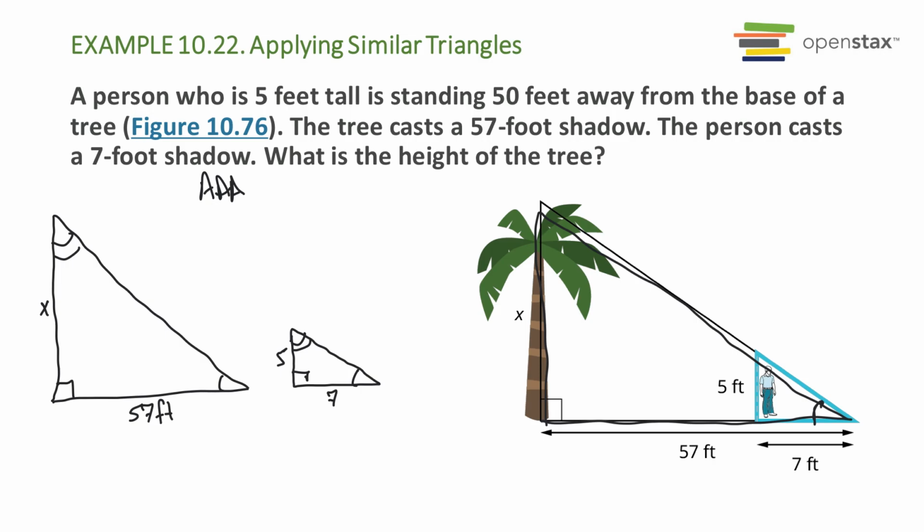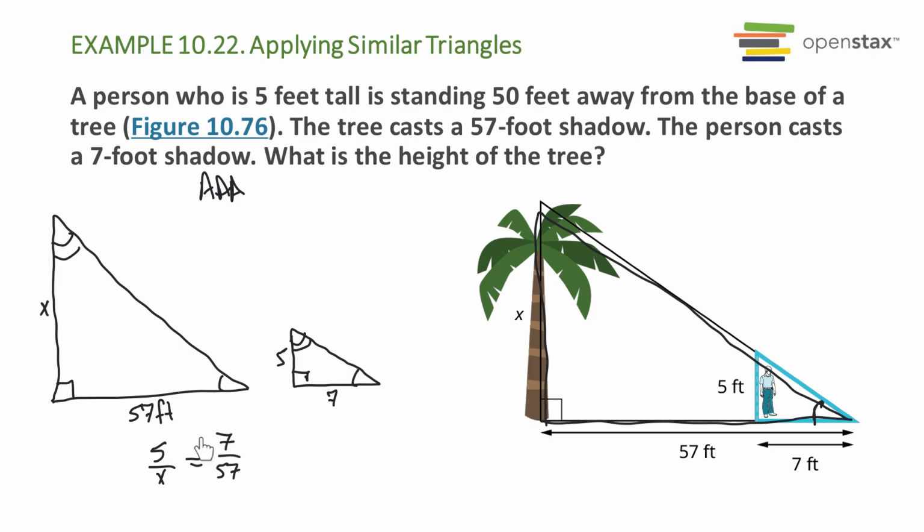So I can do that ratio setup again. Let's start with the little one, 5, and divide it by x, because this side is proportional to this side, across from the same angle, and that's equal to 7 divided by 57, because 7 is the smaller one across from the 57.